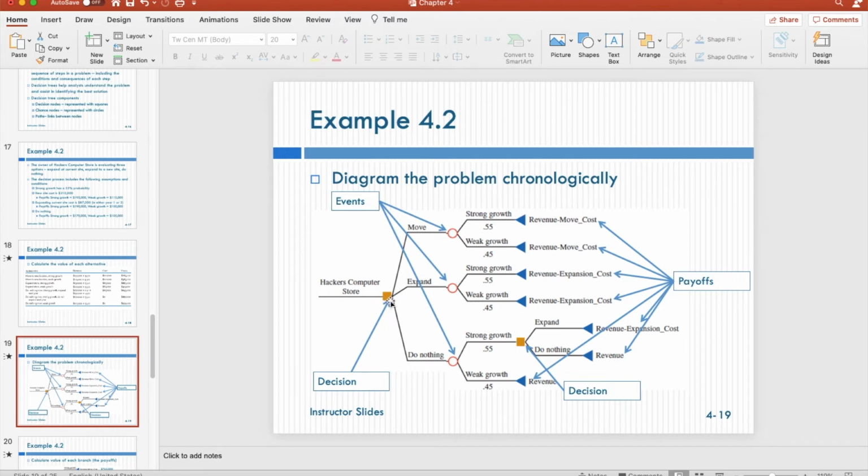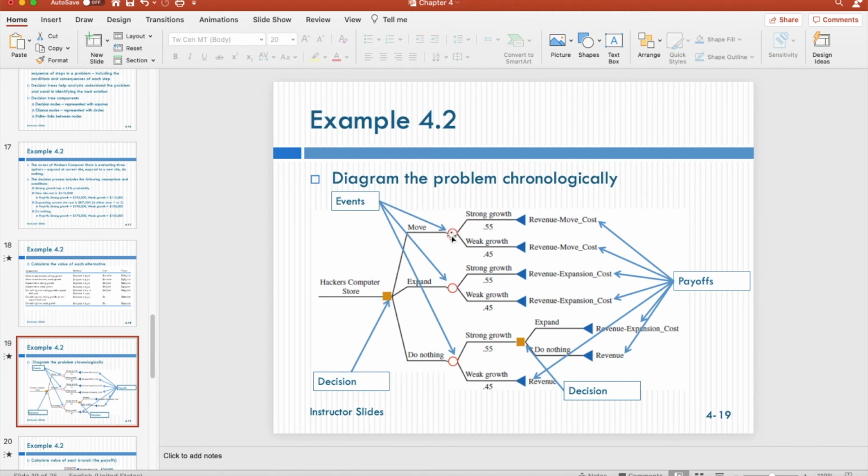It basically means that at this point you need to make a decision. Either you move to a new site, or you expand on the current site, or you do nothing. But no matter which one you choose, this is your own decision.